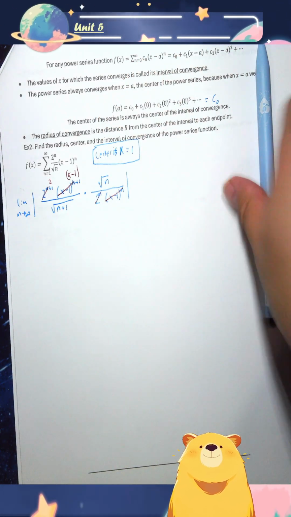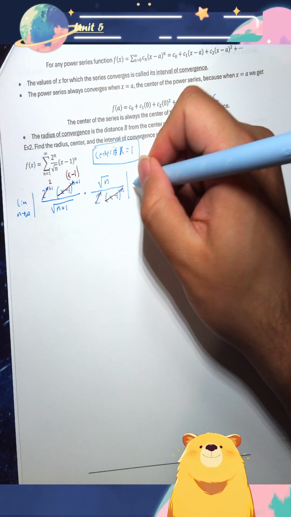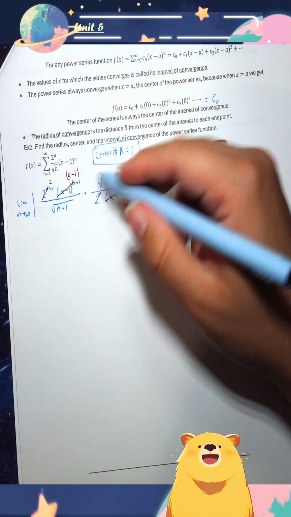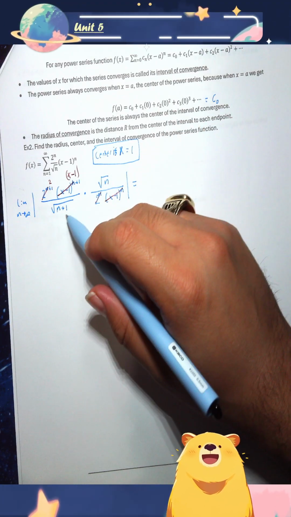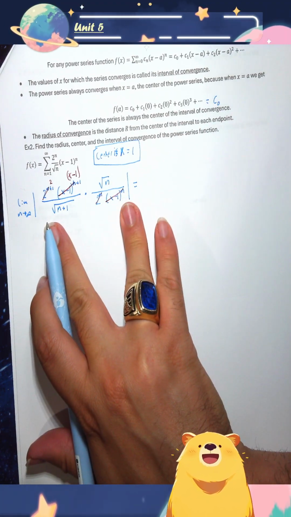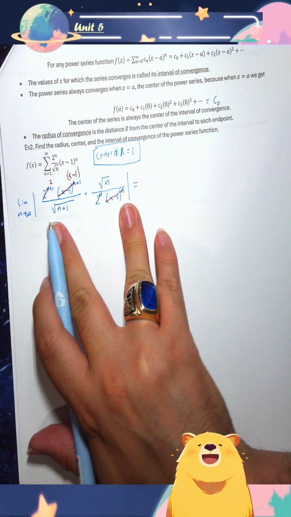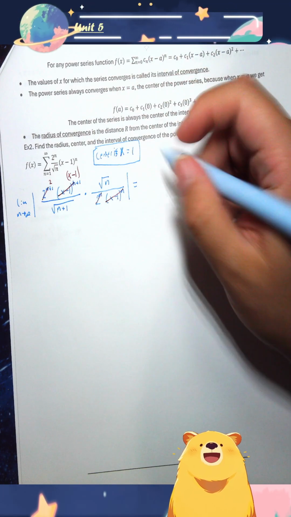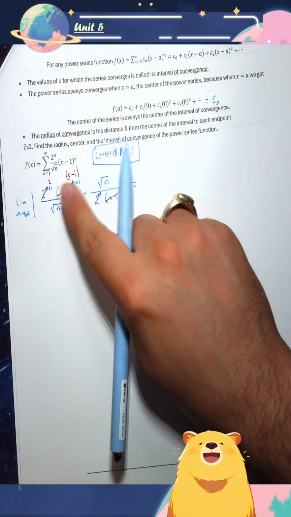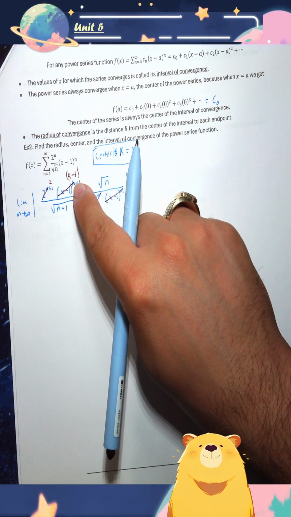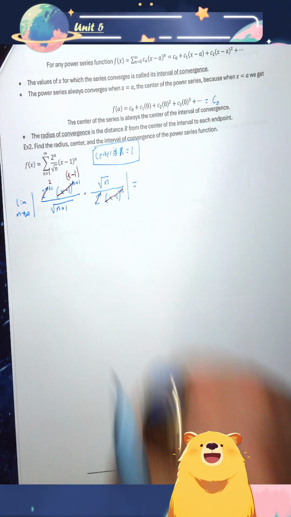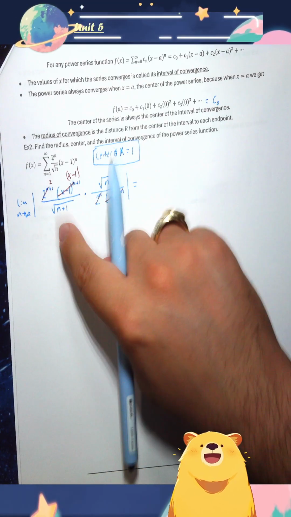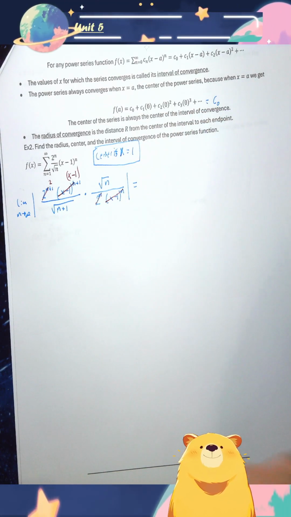The ns can escape the absolute value, but cannot escape the limit because they are part of the limit. And the 2 can escape the absolute value and the limit, but the x minus 1 cannot escape the absolute value.